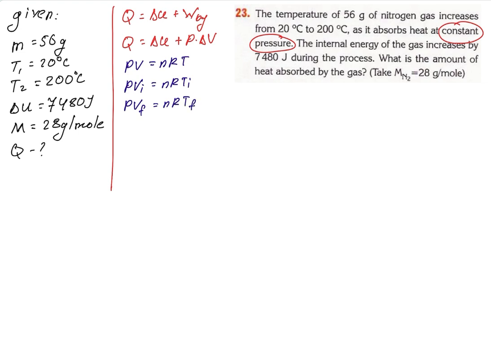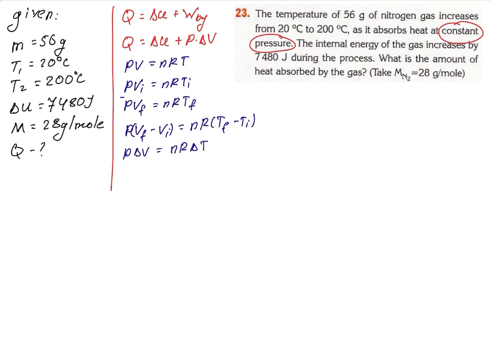If I subtract these two equations, P times (V final minus V initial) will be equal to nR times (T final minus T initial). So shortly, P delta V is equal to nR delta T.